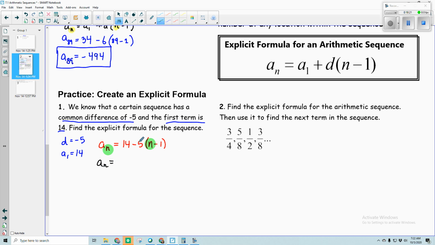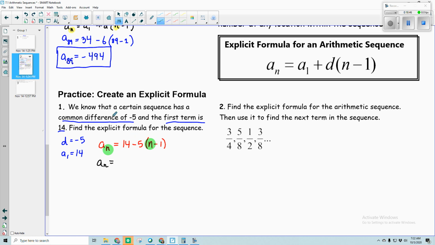Specifically the right-hand side. So to simplify this, look at this -5 here. Really be careful, because I see most often that people mess up simplifying this by trying to do 14 minus 5 first. It kind of draws your attention for some reason, like you should do this first.